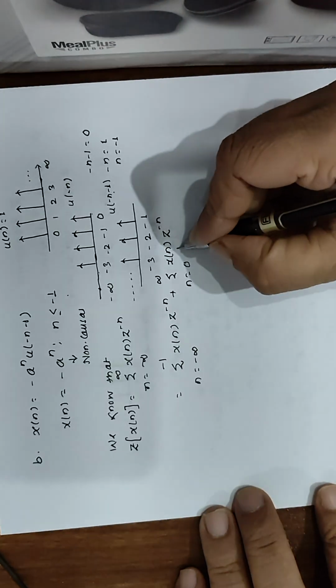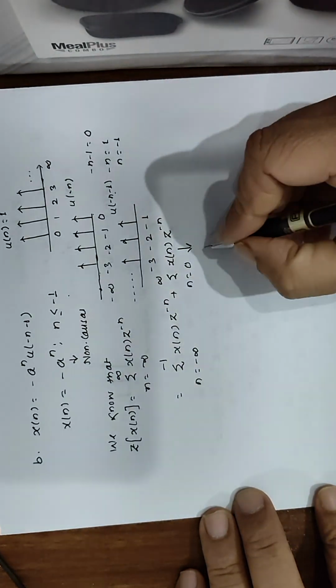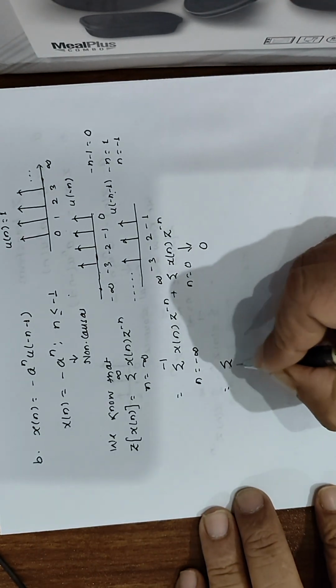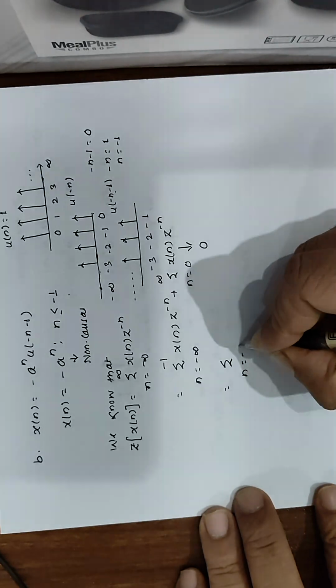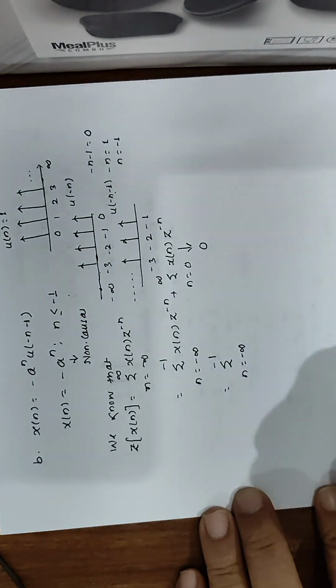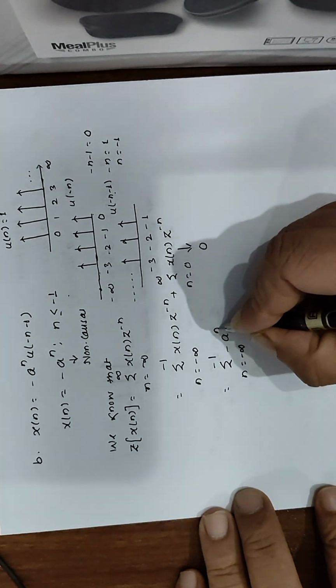Since x of n is 0 for n greater than or equal to 0, this part becomes 0, and we substitute x of n from n equal to minus infinity to minus 1 as minus a power n.